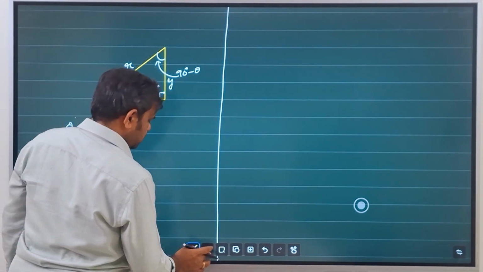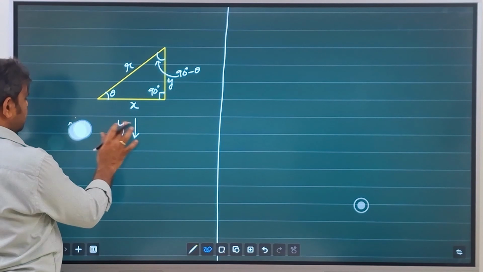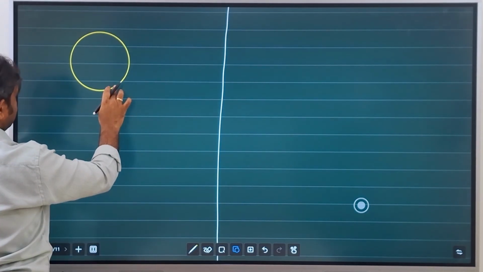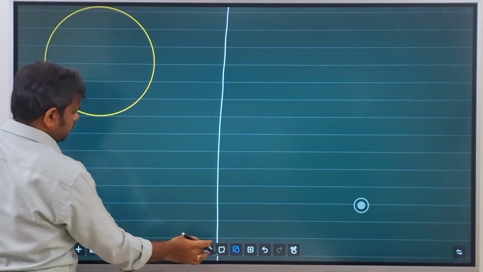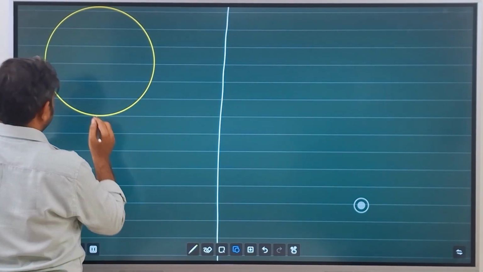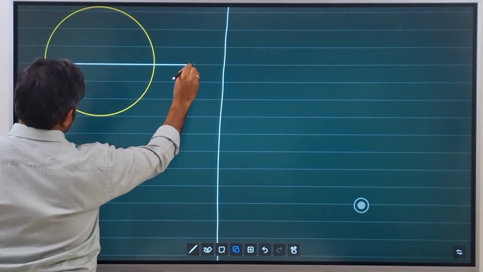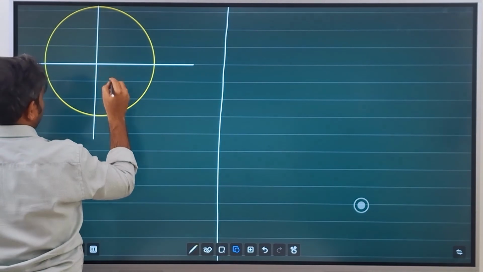Or let's take a circle in order to understand how these angles are changing. What happens inside the circle? This is the x-axis. Draw a vertical line passing through the center of the circle.